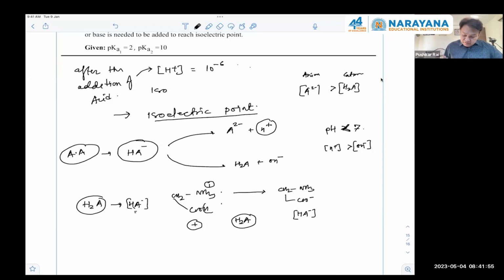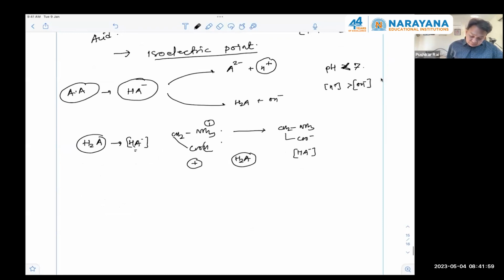Once you are sure that this is not the isoelectric point, your guess that pH is equal to 6 is wrong. In fact, you are ahead of it, because you think that pH is equal to 6.